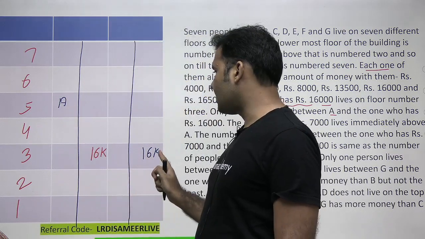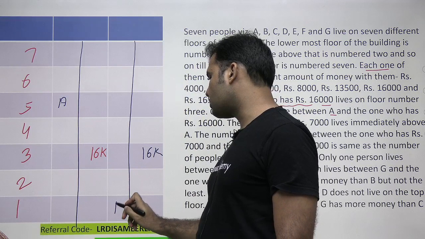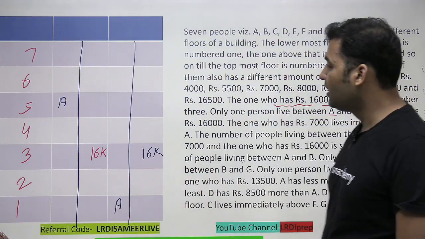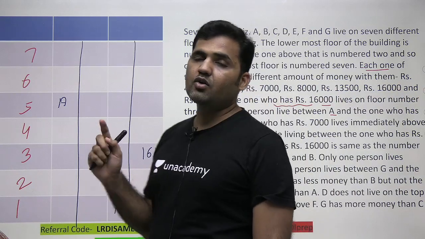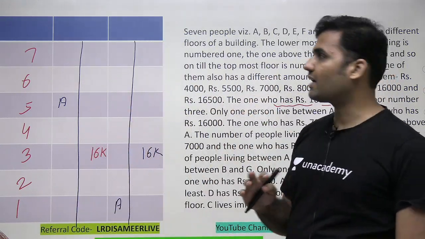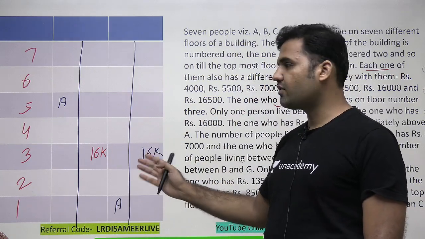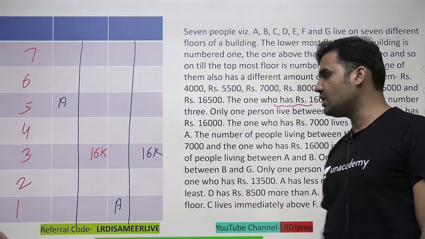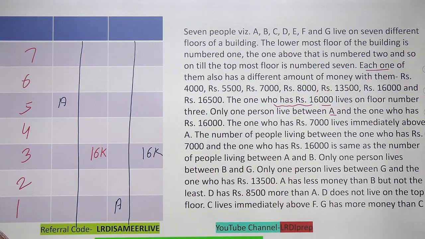In the second case, to create a gap of 1, I can also place A over here. Let's see which case will finally work. One of these 2 cases will be eliminated. Some contradiction will be created when we fill in some more information. But at this point of time, you need to make 2 cases.